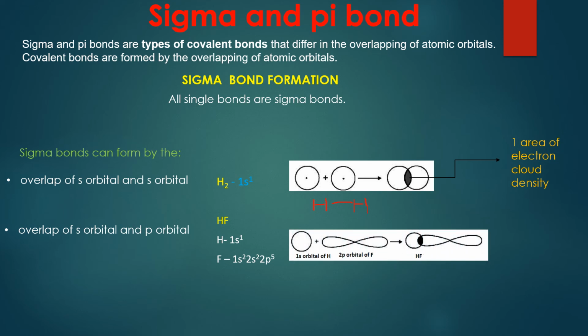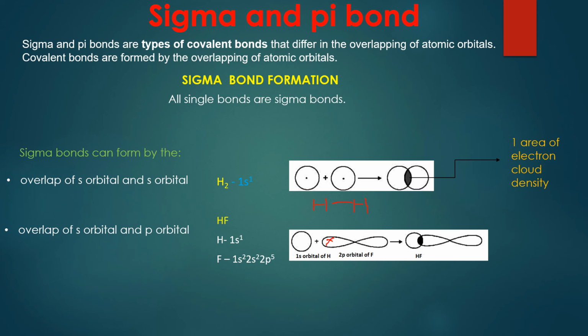So this is what happens now. This is the s orbital of the hydrogen, a spherical orbital, and the p orbital of the fluorine. The p orbital of fluorine is going to have 5 electrons, isn't it? But these 5 electrons simply mean that one of the orbitals is unpaired. It contains only one electron and requires another electron.